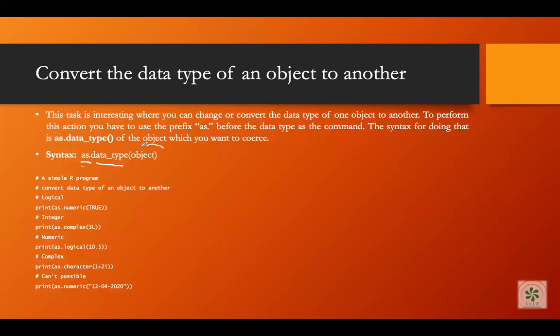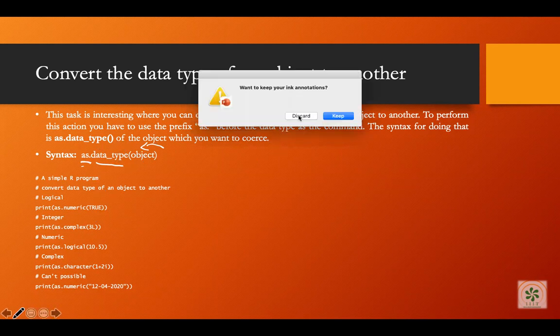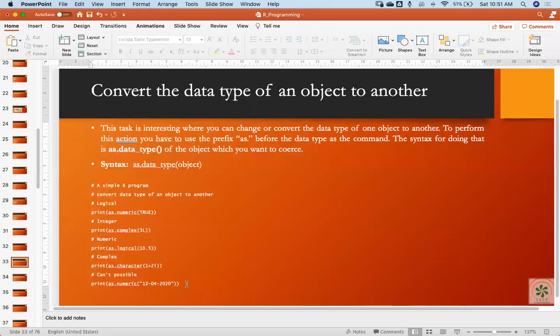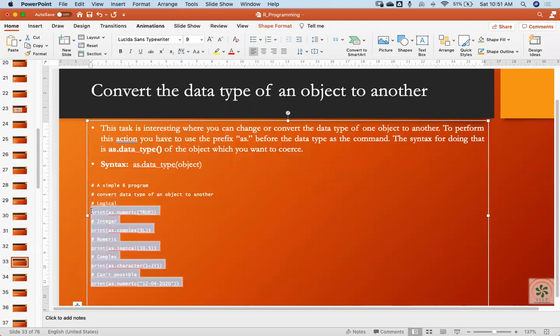So if the object belongs to, let's say, data type A, but I have written another data type here, it will convert A to the data type that I have written. Let's see this particular example, which is written here.